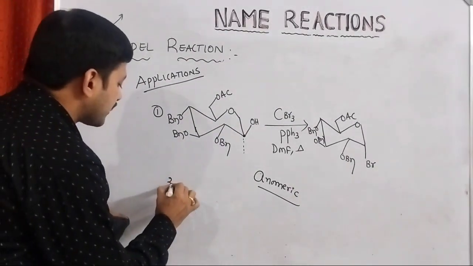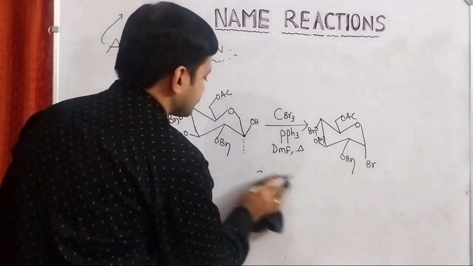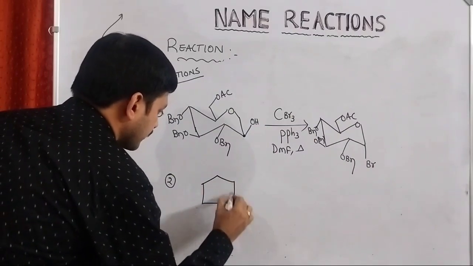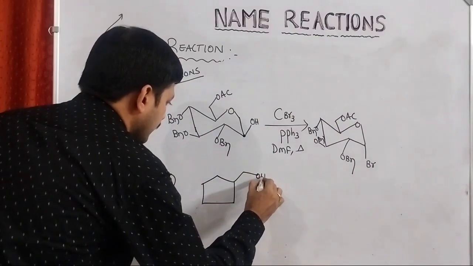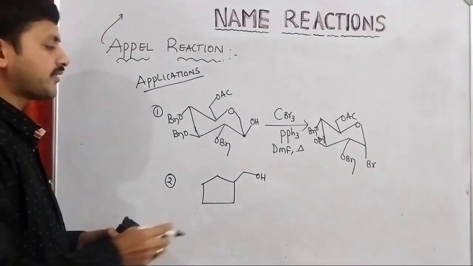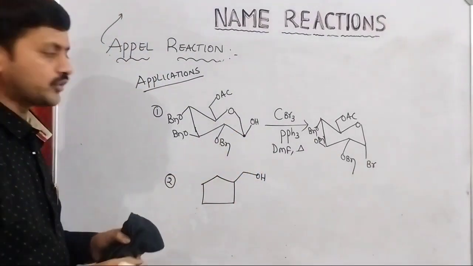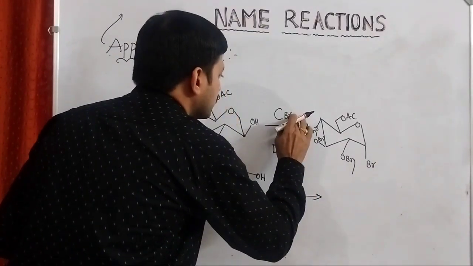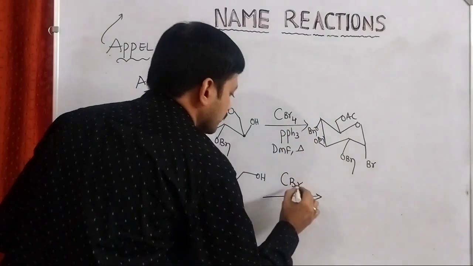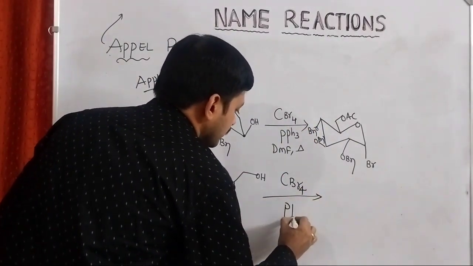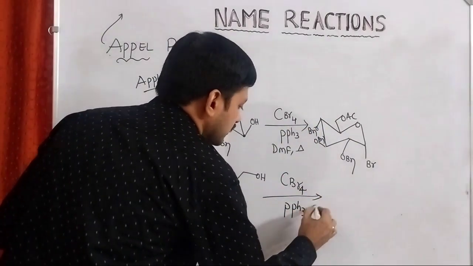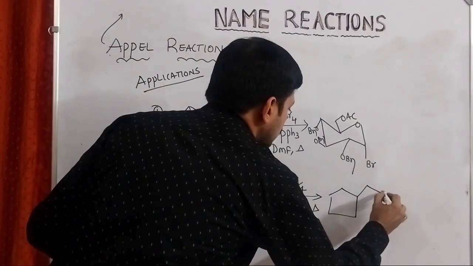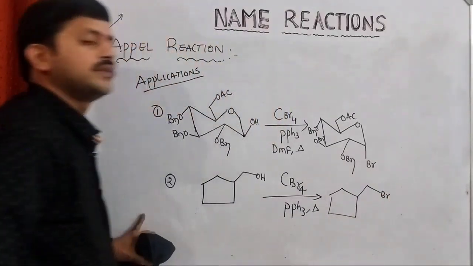Let's see the second example. We have a 5-membered ring. In the 5-membered ring, we are having a CH2OH group. Simply, if this one is treated with CBr4, PPh3, heating, the OH will be replaced with Br.